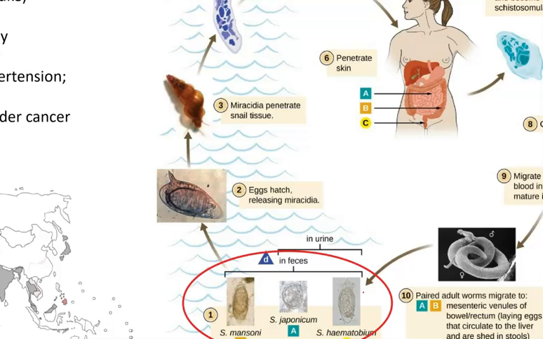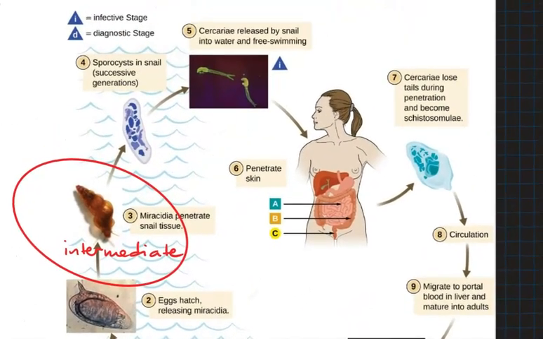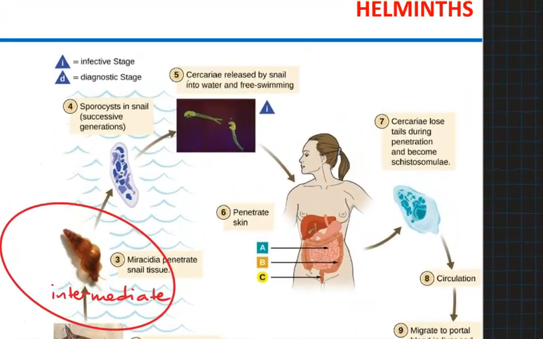These eggs end up in the water, where they infect the snail. Not directly, but for our intents and purposes, snails are intermediate hosts. Eventually, snails release larval form called cercariae. Don't need to know that term, just larva.